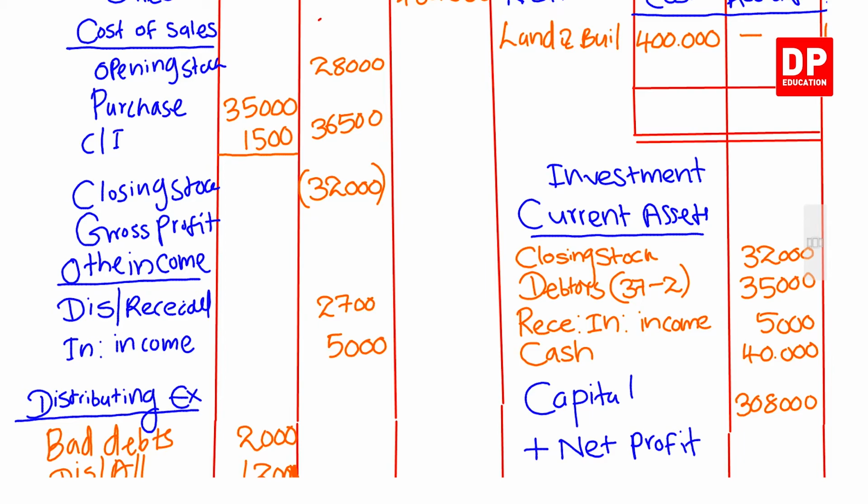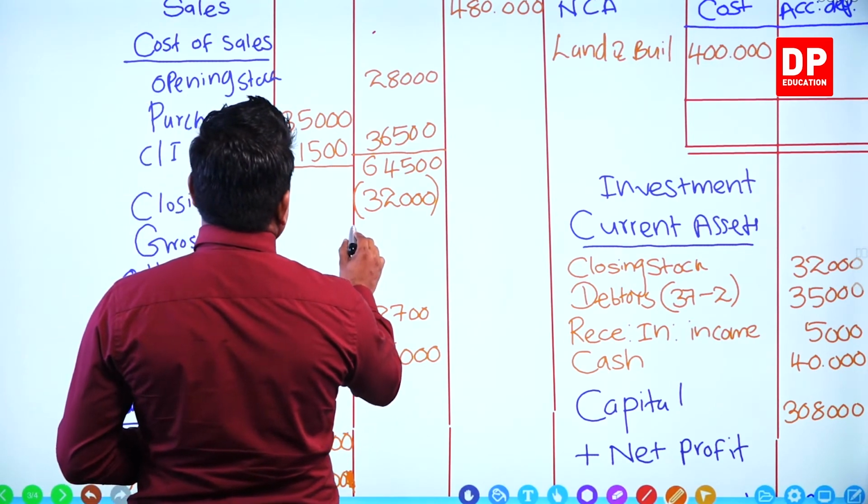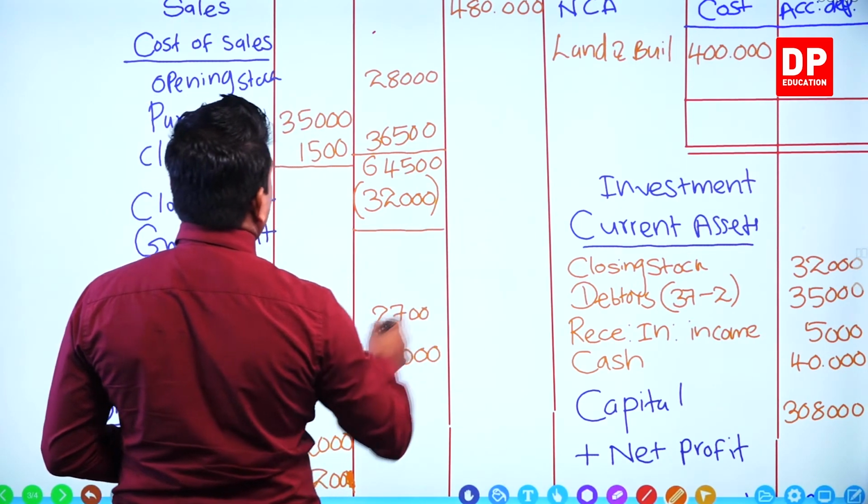Then 28,000. We add these two, 64,500. From this you can subtract closing stock, then you bring it to the third column.